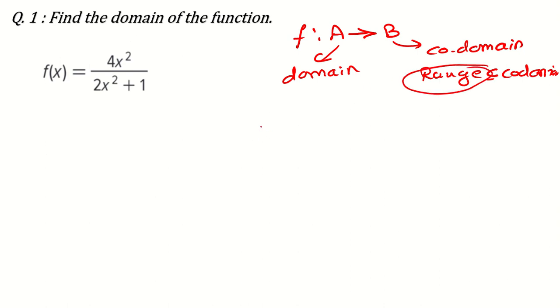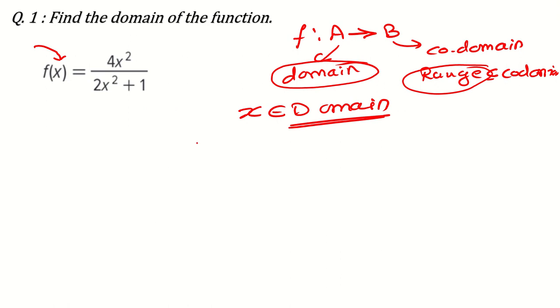We will discuss range in detail in another video, but right now we are going to focus only on domain. So if any function is defined like f(x) = some value, then always x belongs to the domain. x will be an element of the domain.